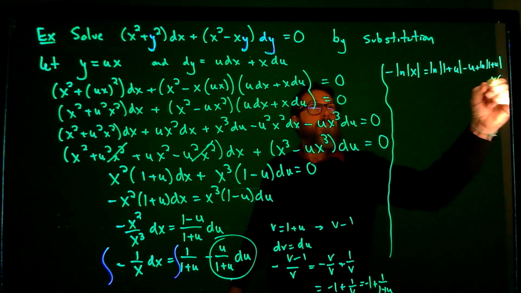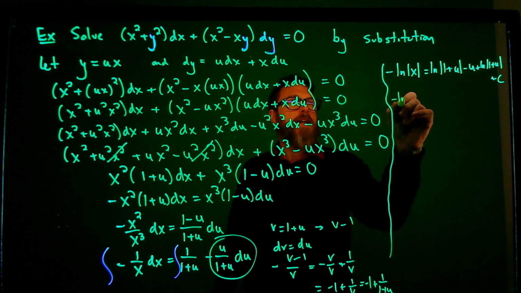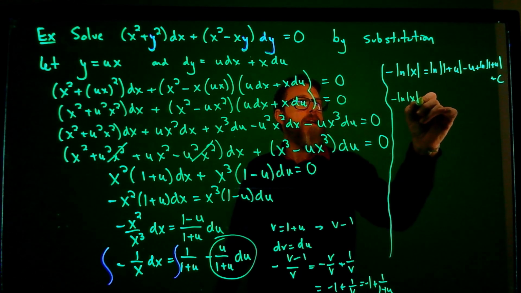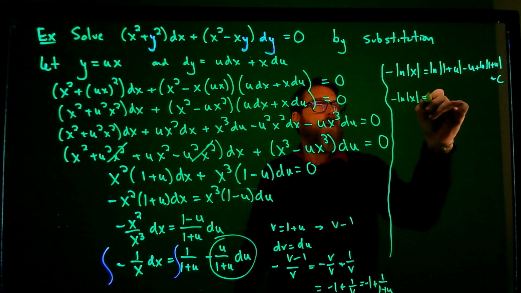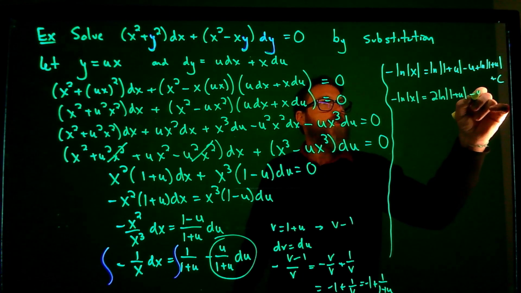Plus c. So we can combine these to get two of those natural logs. So this is going to be minus the natural log of the absolute value of x is equal to two of these logarithms. So 2 natural log of 1 plus u minus u plus c.